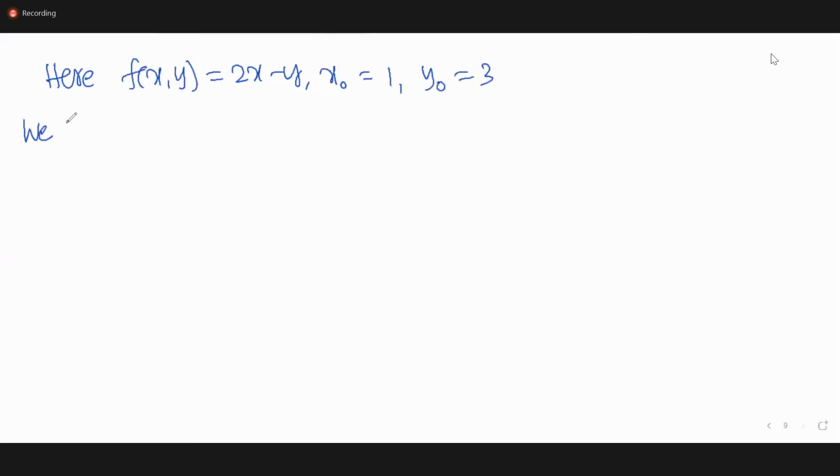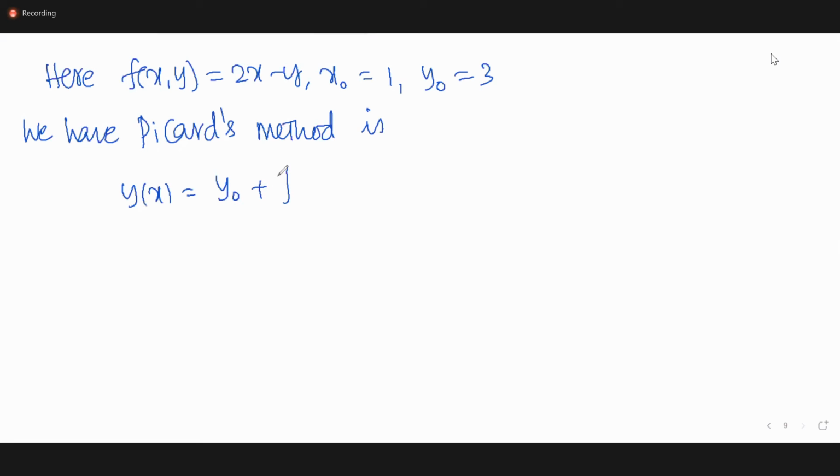We have Picard's algorithm or Picard's method. The formula is y of x is equal to y naught plus integration of f of x comma y dx from the limits x naught to x.